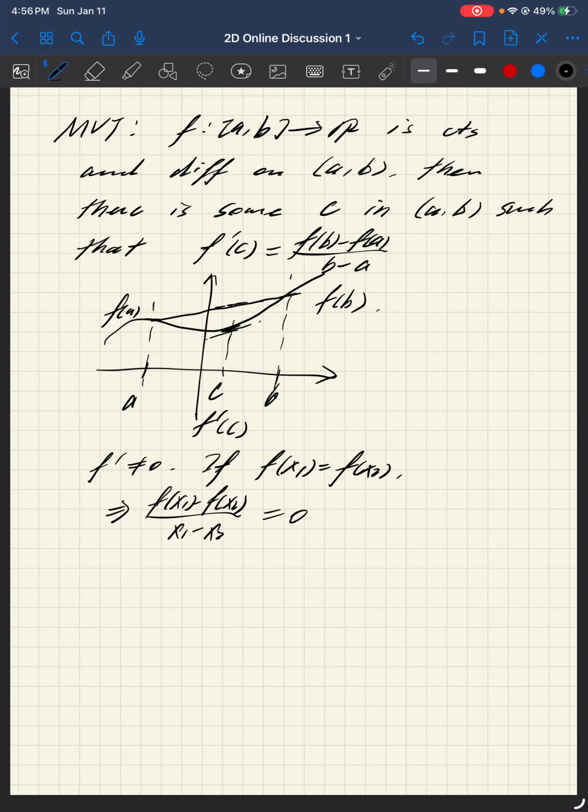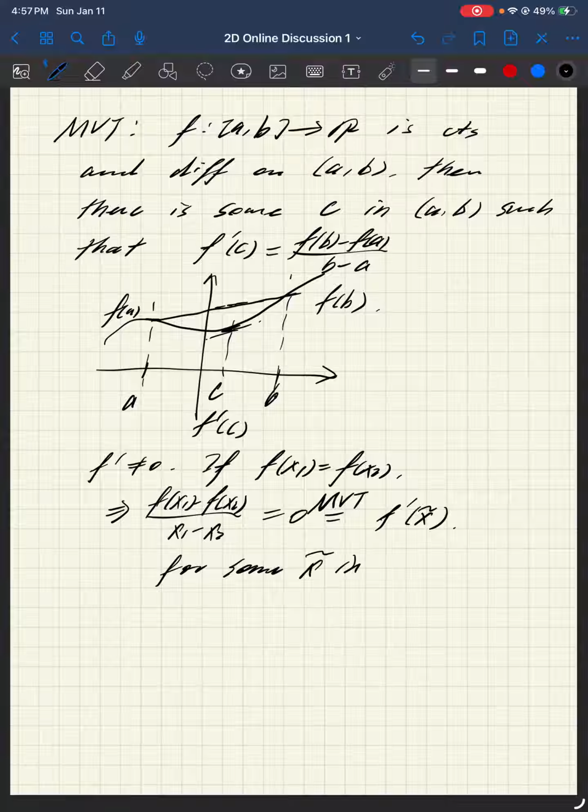And so by the MVT, there is some point x tilde such that f prime of x tilde is equal to 0. Right?